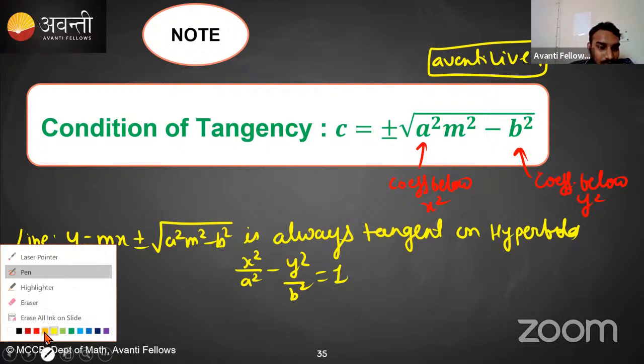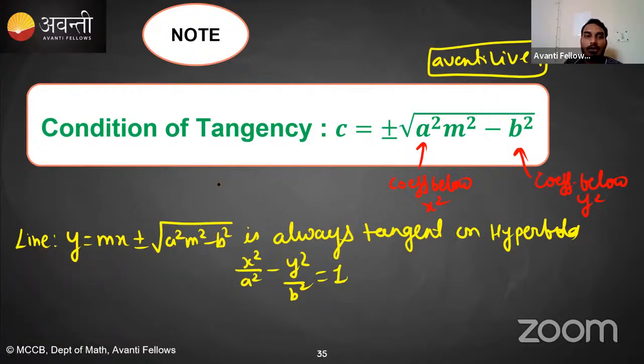So it means for a given slope we are getting two lines, two tangents: y equal to mx plus under root a square m square minus b square, and y equal to mx minus under root a square m square minus b square, right?